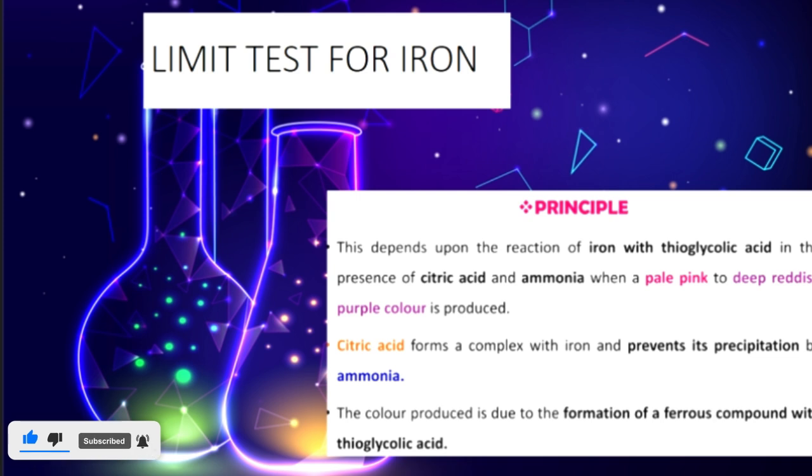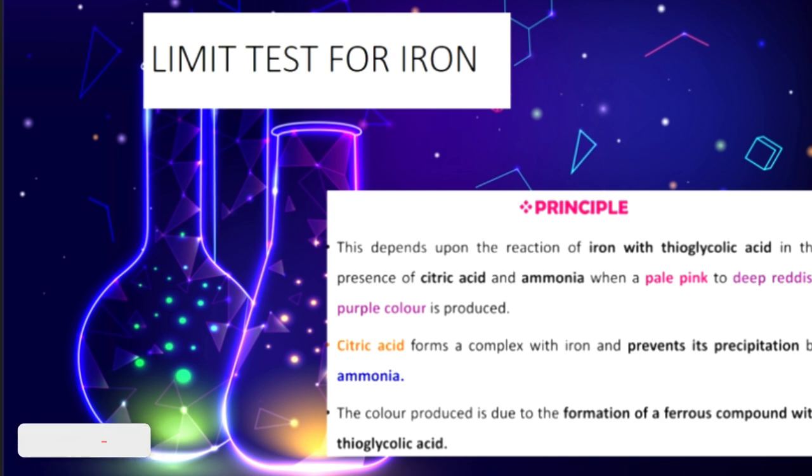The ferric ion is reduced to ferrous ion by thioglycolic acid and the compound produced is ferrous thioglycolate. The citric acid forms a soluble complex with iron and prevents its precipitation with ammonia as ferrous hydroxide.